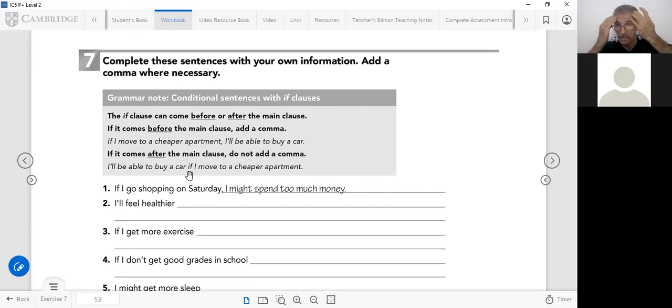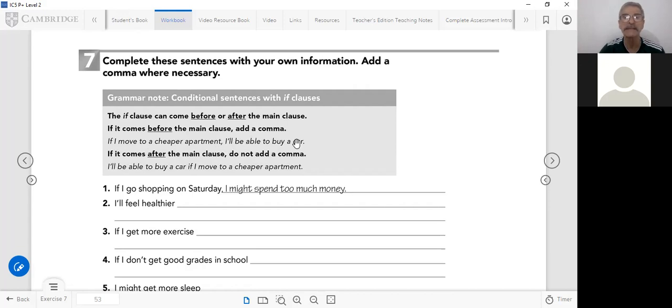But if you make a condition, the conditional sentence is the secondary clause. The secondary clause is, if I move to a cheaper apartment, of course, I'm going to pay less money. If I move to a cheaper apartment, I'll be able to buy a car. You see that there is a comma here.